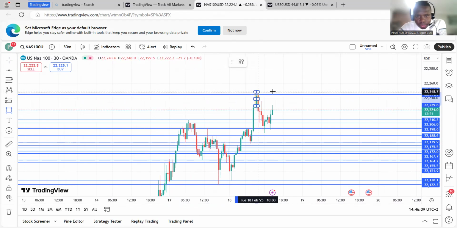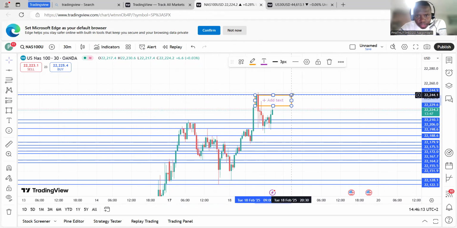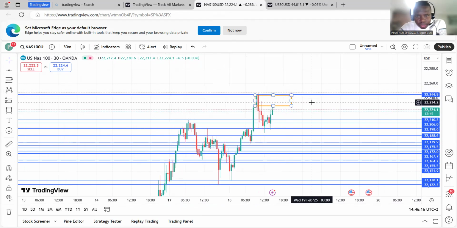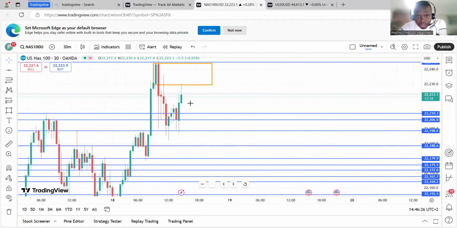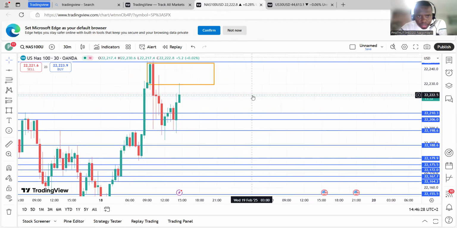Okay, I think this area has already been tested for a sell. All right, this area, guys, is potentially a selling area as well. This one here.